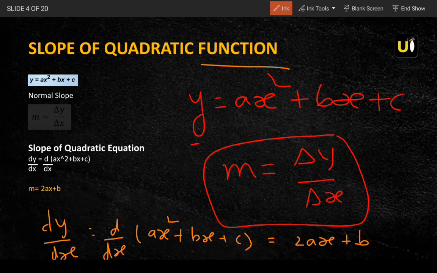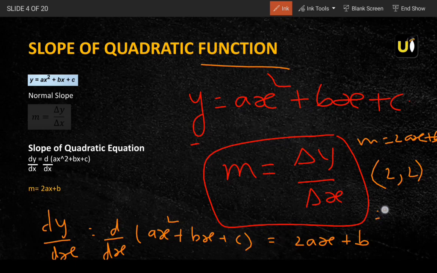Next, quadratic equations. What are quadratic equations? Before, we discussed what quadratic functions are. A quadratic function is a function written in the form ax square plus bx plus c.